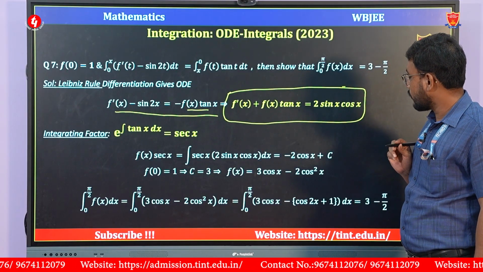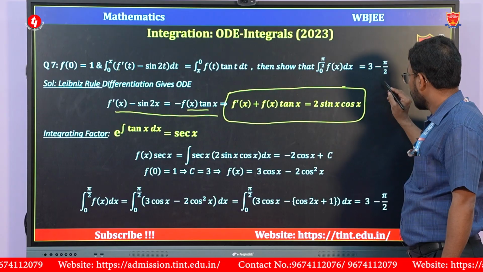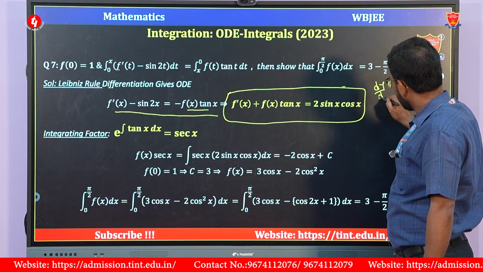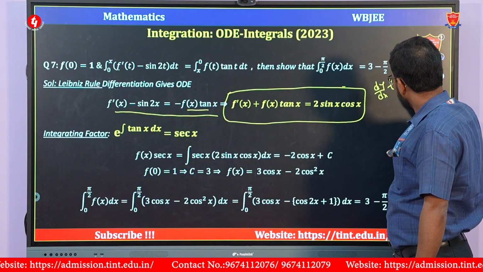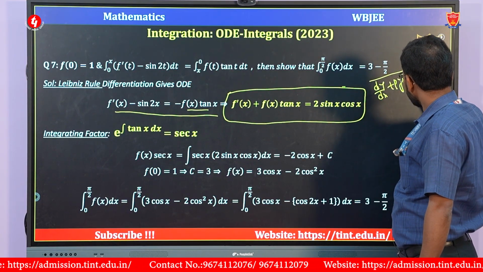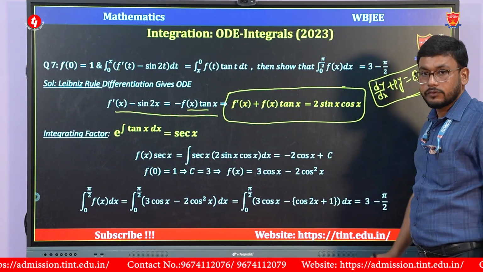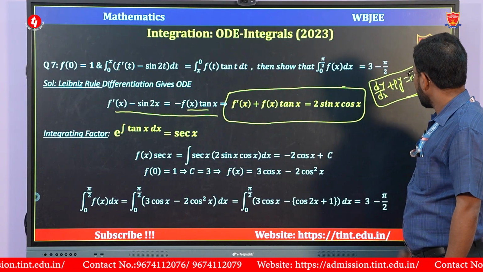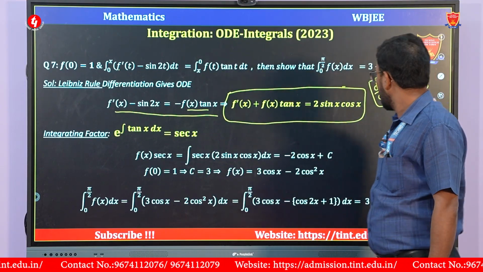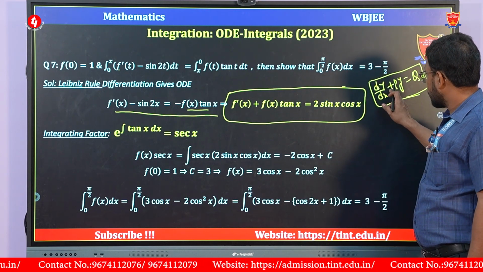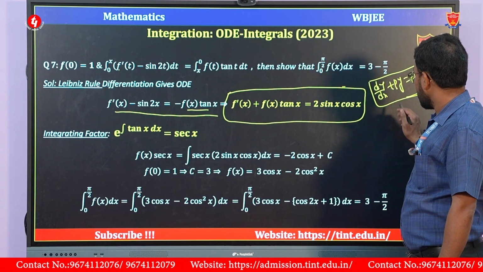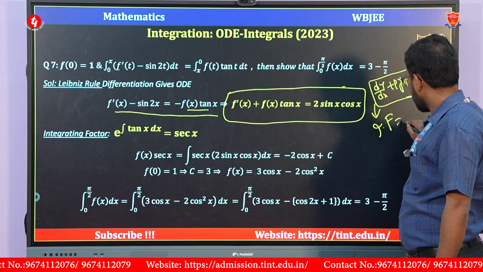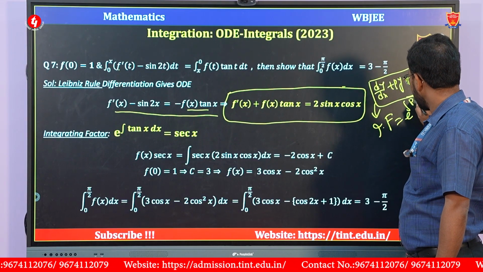This is a linear first order differential equation, because you know the linear differential equation is of the form dy by dx plus py equal to q. This is a first order linear differential equation, where p and q both are functions of x or constants, and when you solve this type of differential equation, you should find the integrating factor, which is e to the power integration of p dx.